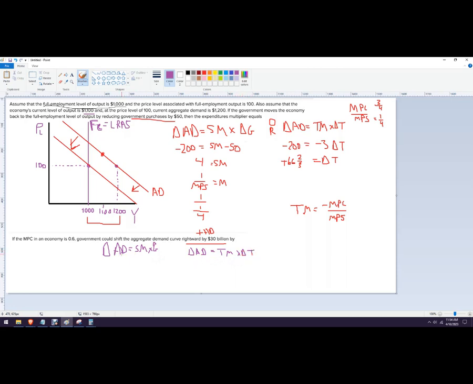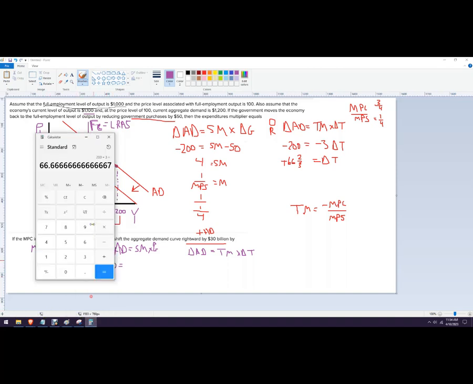In this case, 30 billion, I want this to be plus 30. I do actually know the spending multiplier. The MPS is 0.4 because the MPC and MPS have to equal 1. So it's 1 over 0.4, which is actually 2.5. Let me check really quick. Yep, 2.5.